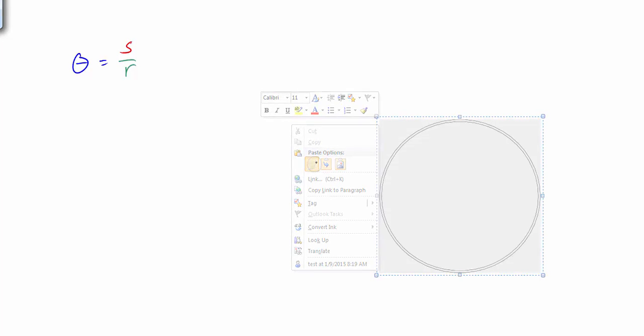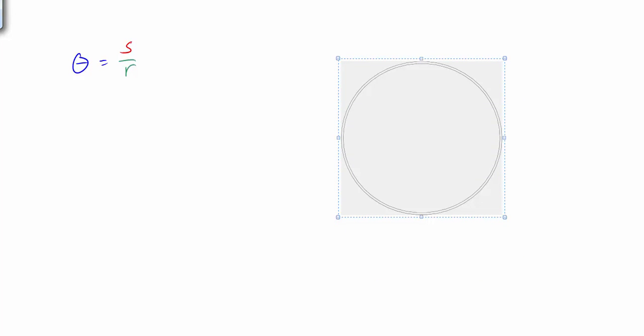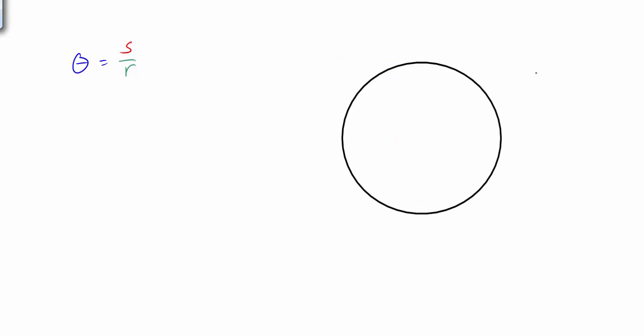Okay, so now let me try to explain, if we know that theta is equal to S over R, this is where I really want to try to explain where this idea is coming from. If we have a circle, I'm sure you can tell me, what is the distance around this circle?